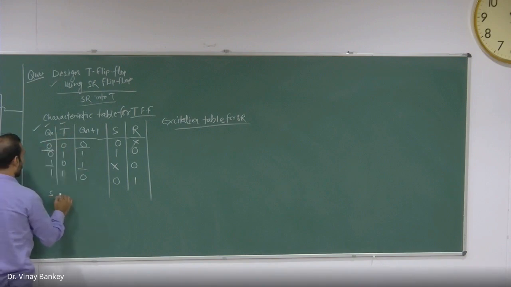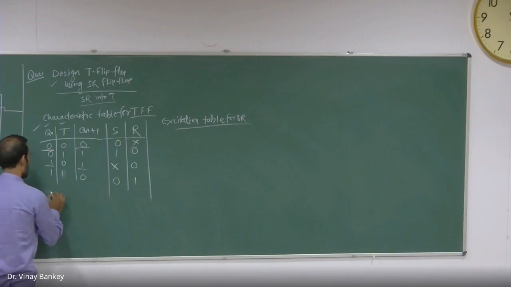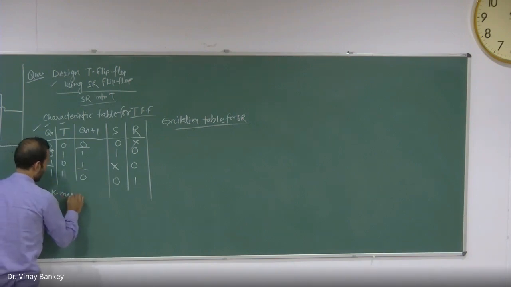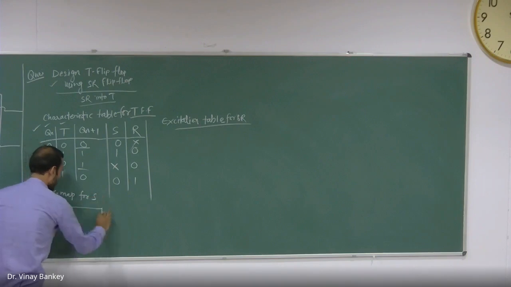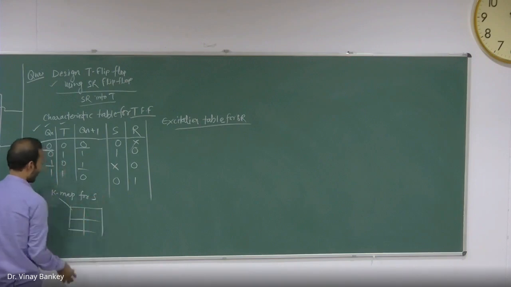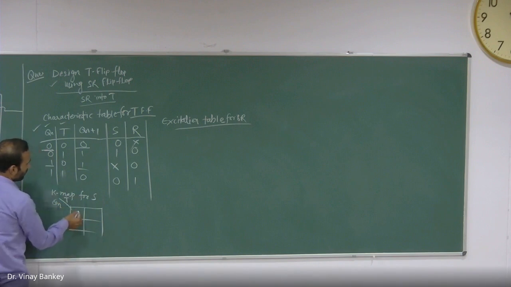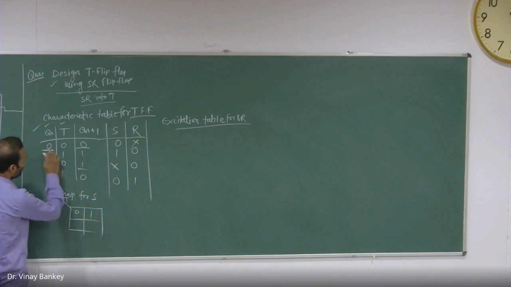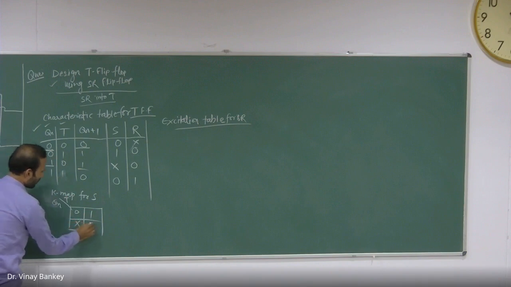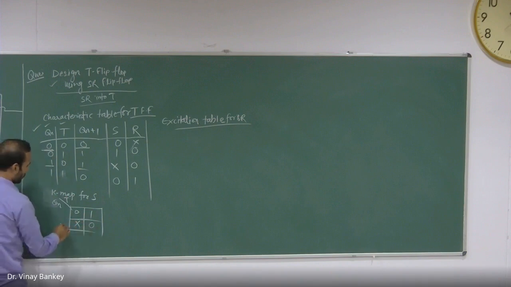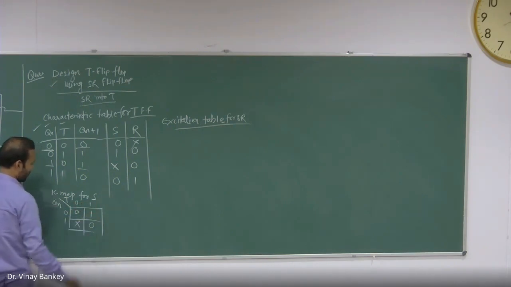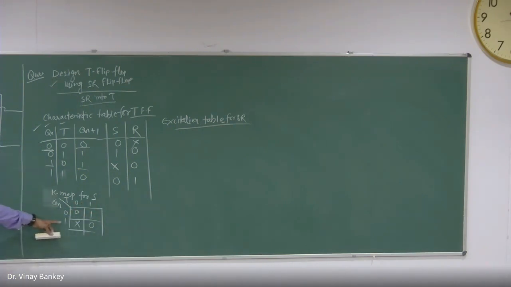So S: K-map for S. There will be only 4 cells, that is Qn and T. That is 0 1 0. Isn't it? Are you following this?